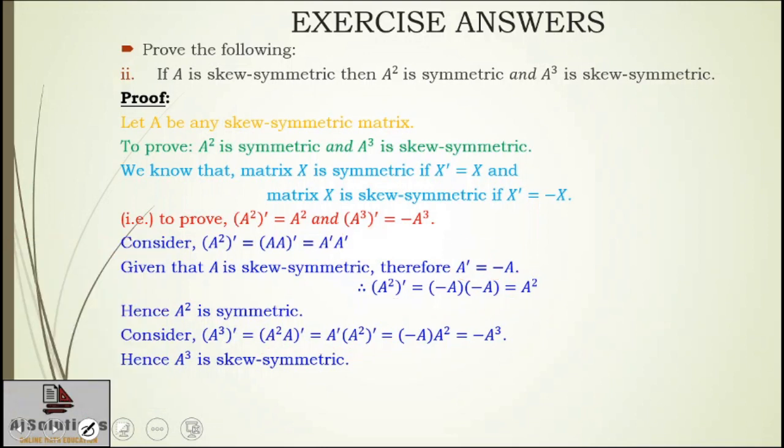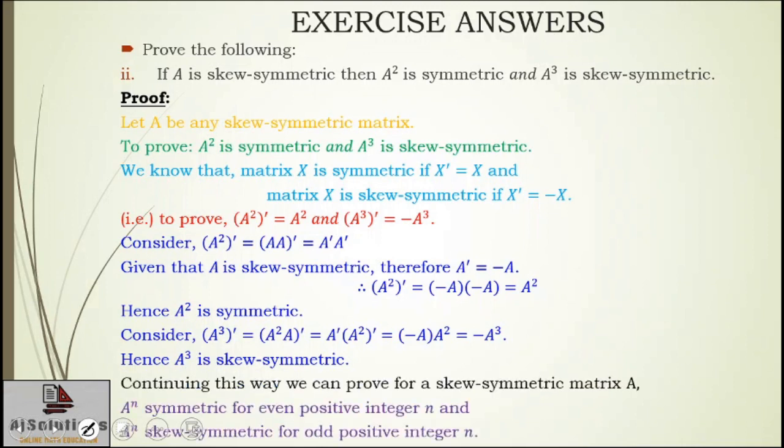And if you continue this way, what you will get is that even positive integer powers of a skew symmetric matrix are symmetric, and odd positive integer powers of a skew symmetric matrix are skew symmetric.